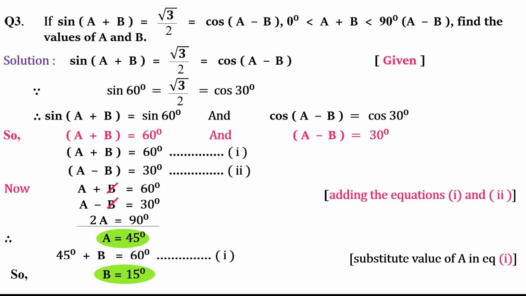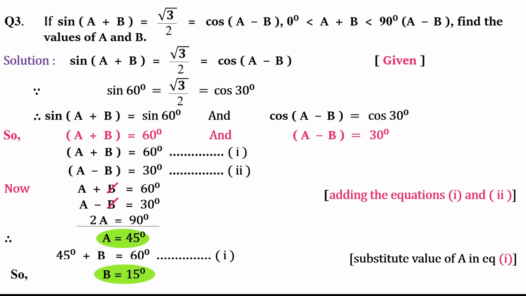So from there we got the first equation, that a plus b is equal to 60. And when I saw the other side, cos a minus b is also equal to root 3 by 2, here with cos we have an unknown angle. So from the table I saw for which value of cos we have root 3 by 2, and the table told me that it is cos 30.